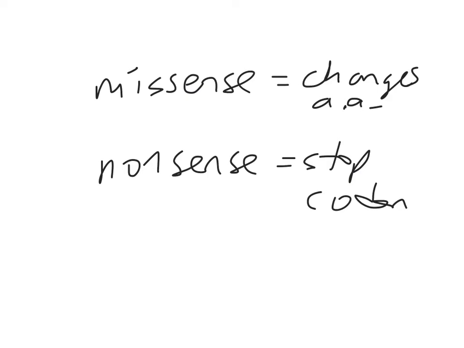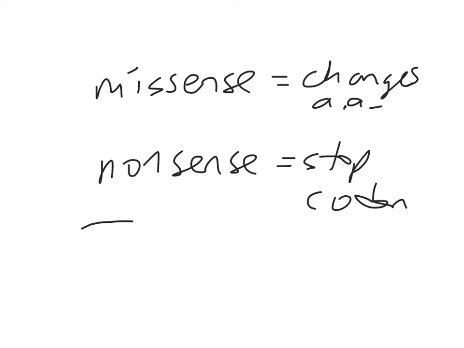So which one of those is worse? Is it worse to have a stop codon put in where there wasn't one before, or is it worse just to have one amino acid change to a different amino acid? It depends on the circumstance, but in general, having a premature termination codon, a stop codon early, is probably worse.